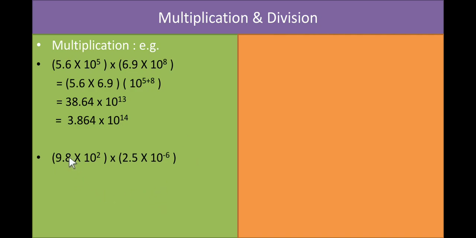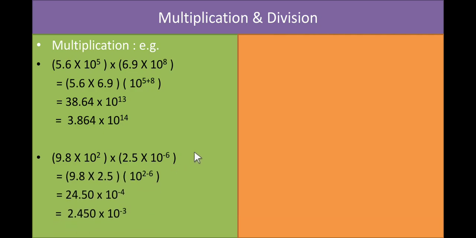It is somewhat different from the first one. We have to multiply 9.8 into 10 to the power 2 into 2.5 into 10 to the power minus 6. Here also we multiply 9.8 into 2.5 and separately the exponent terms, that is 10 to the power 2 and 10 to the power minus 6.